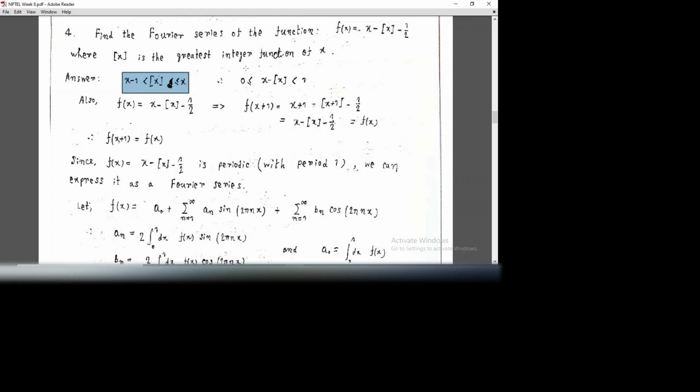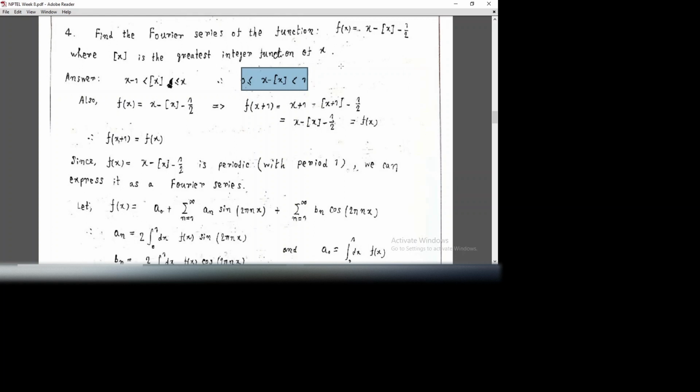From this property we reach this one, and that means x minus box x can take values from and including 0 up to 1, but it cannot take the value 1.